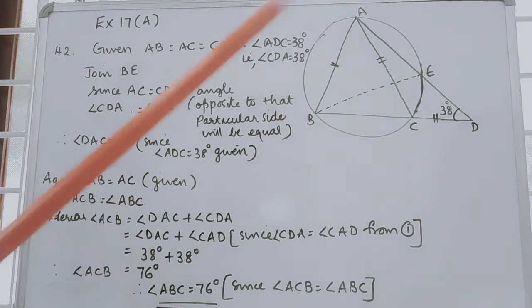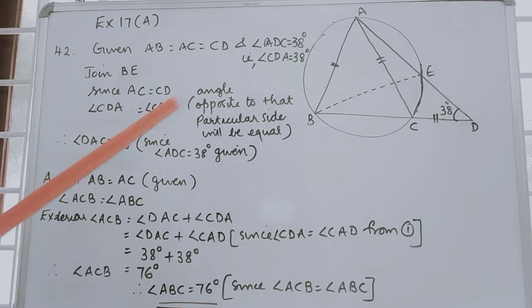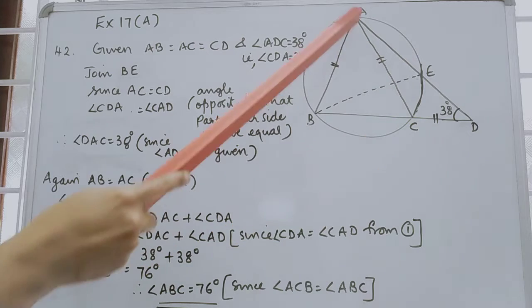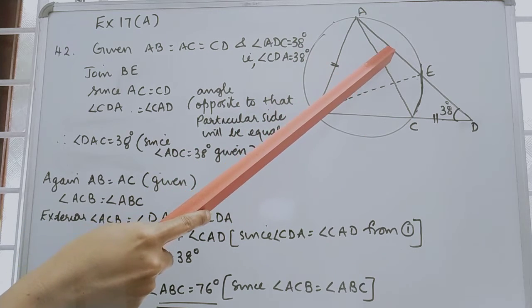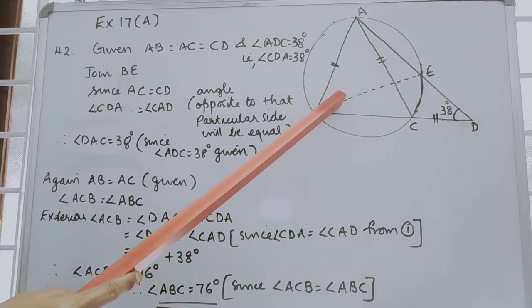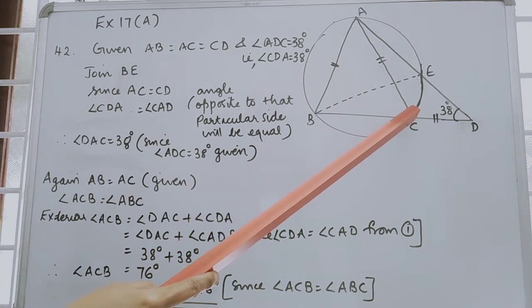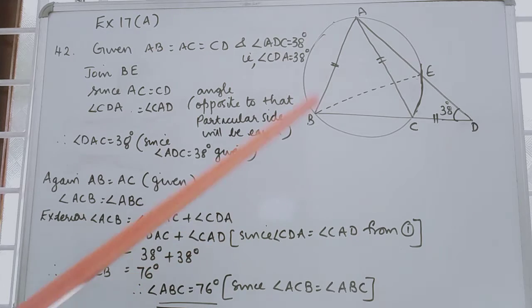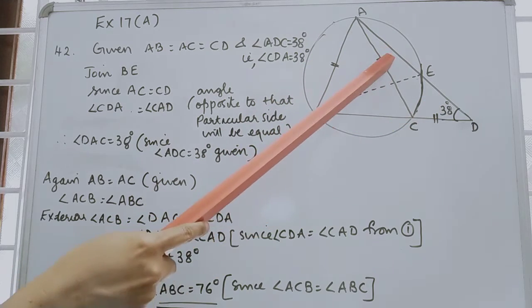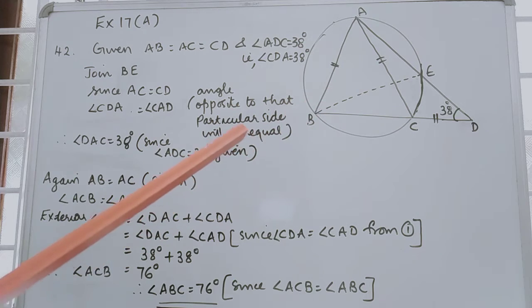Join BE. Given AC is equal to CD. Since these two sides are equal, angle opposite to that particular side will be equal. So we can write angle CDA is equal to angle CAD.